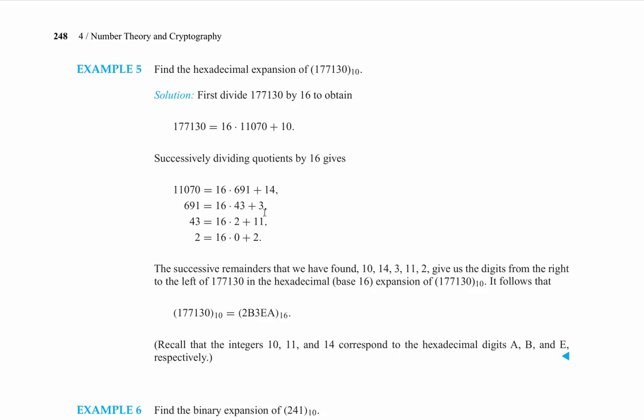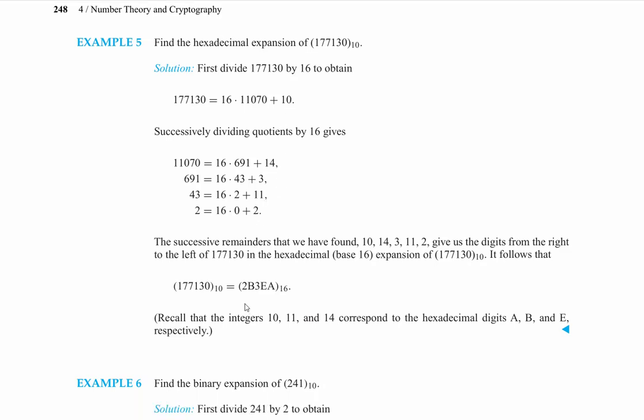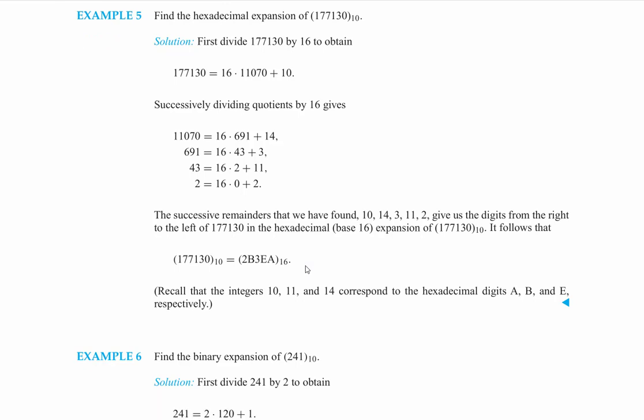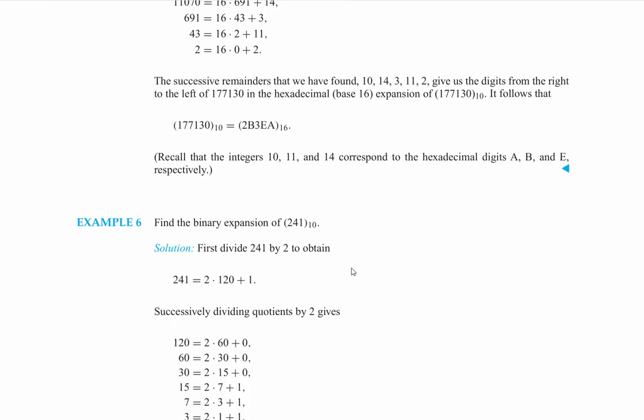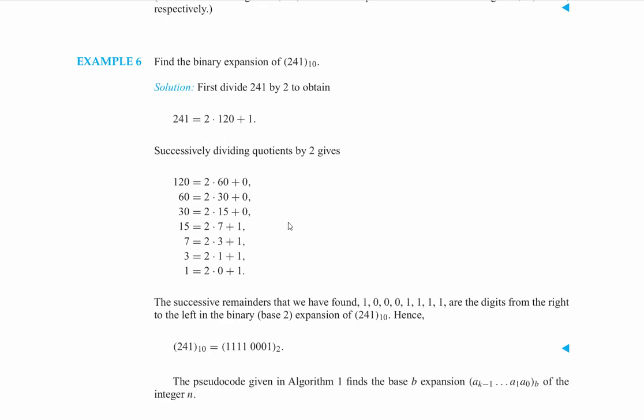So 11 is B, 14 is E, 10 is A. So we get this hexadecimal number. Here's a binary one.